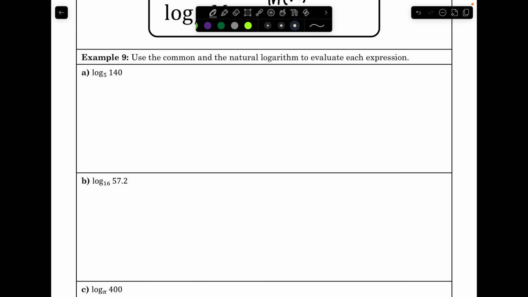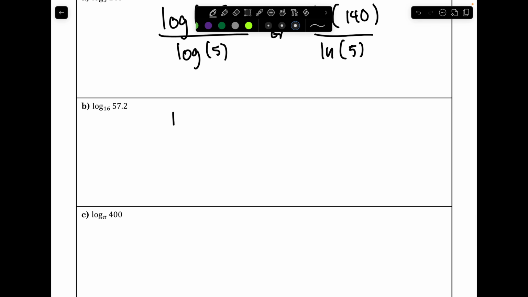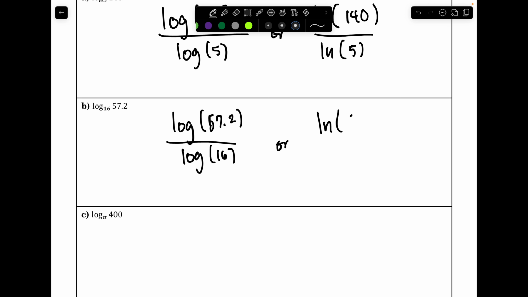Okay, therefore going just down the line here, like we mentioned, this is the same thing as the common log of 140 divided by the common log of 5, or the natural log of 140 divided by the natural log of 5. So the second example, same thing: the common log of 57.2 divided by the common log of 16, or the natural log of 57.2 divided by the natural log of 16.